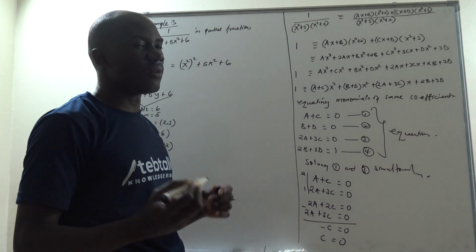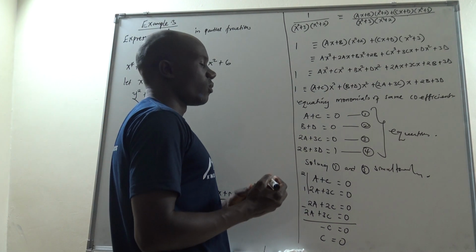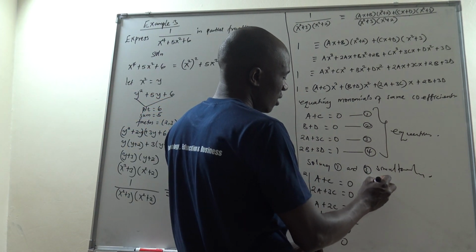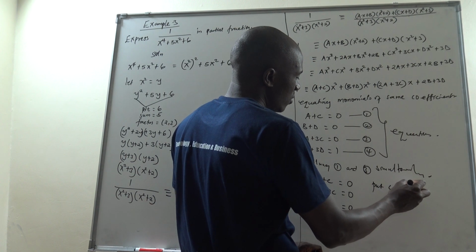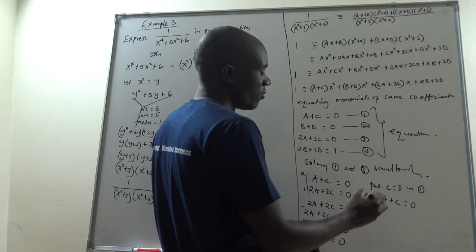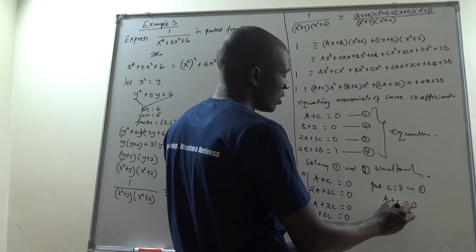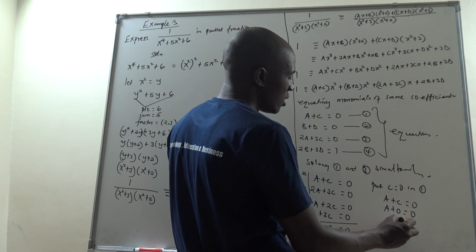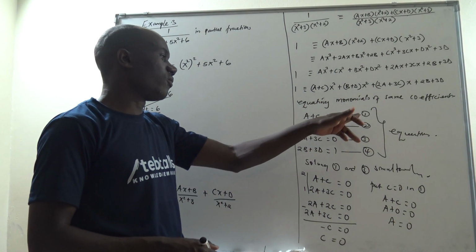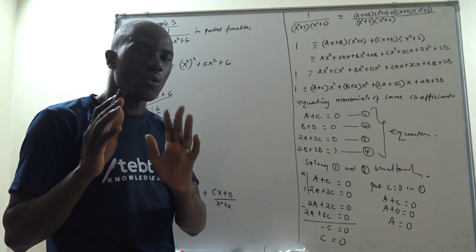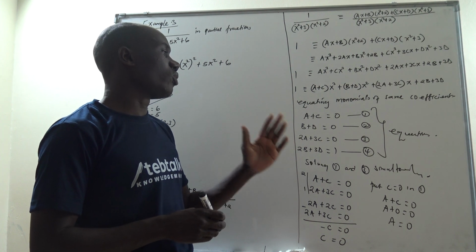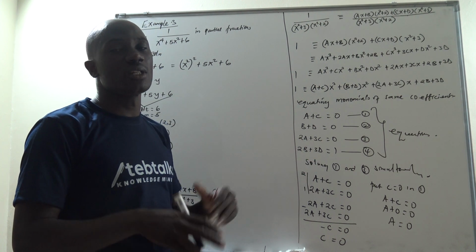After coming out with the value of c equals 0, we are free to substitute in any equation to obtain the value of a. We can put c equals 0 in equation 1. Equation 1 was saying a plus c equals 0, for which our c is already 0. It means a equals 0. We have finished getting those values. Now, after solving 1 and 3, because we had the same coefficients, we also look for those equations which have the same unknowns.